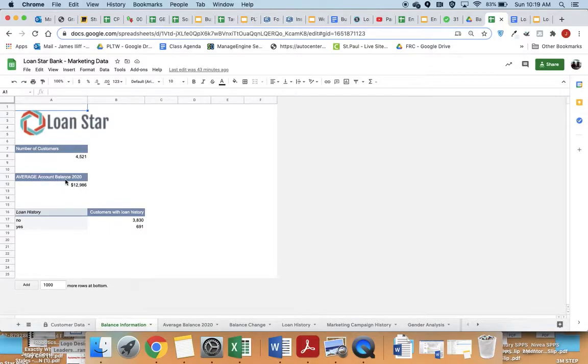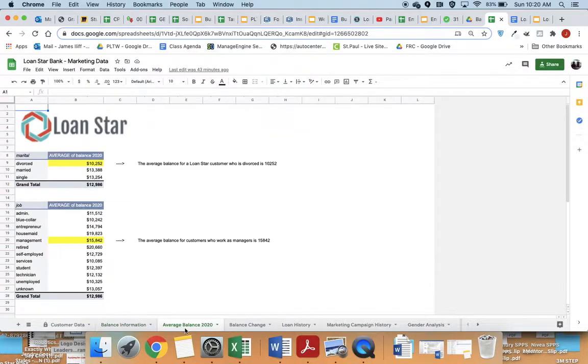So the average account balance over all of our customers is almost $13,000. And then the number of people with loan histories with Lone Star, we looked at this before. 691 have had loans with Lone Star, and 3,830 have not. So this is a good report. This tells us some information. Well, let's keep looking. Average balance in 2020.